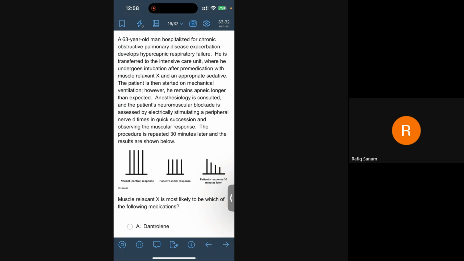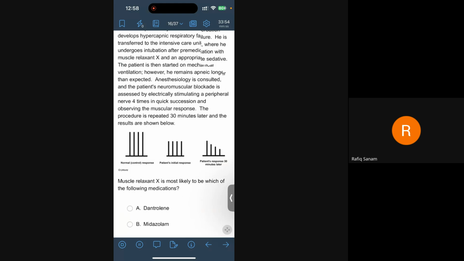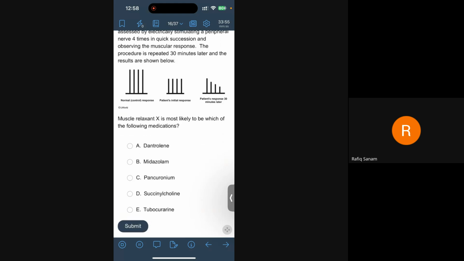If only the third photo is available, it means it is a non-depolarizing neuromuscular junction blocker. If the patient shows first the initial response with equal reduction, then a fading response, that is a depolarizing junction blocker. Now we have to find out which one is a depolarizing junction blocker.